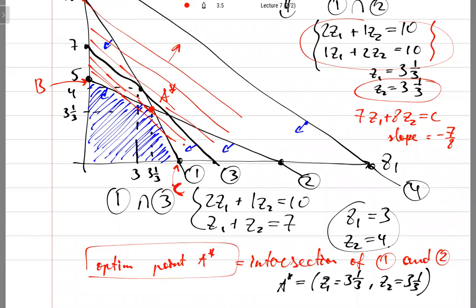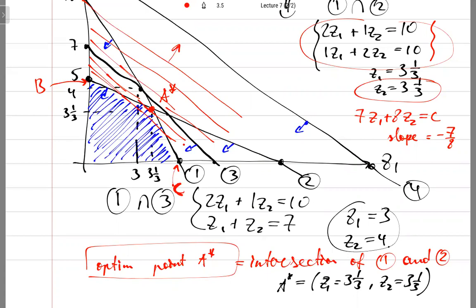You're right that the slope of the goal function is important. Okay, we go on. Let's go.